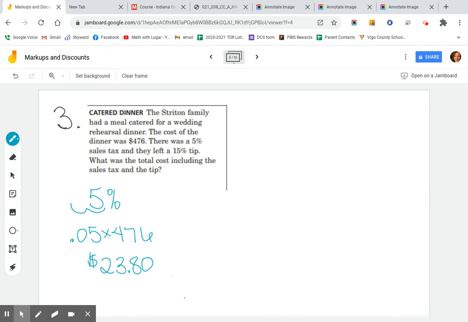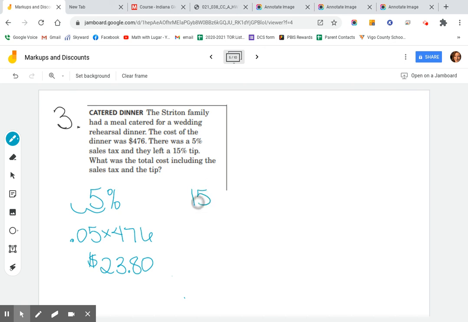Now, I'm not going to do anything with that quite yet. Did you know when you figure a tip, you're supposed to figure your tip on the amount pre-tax, before tax? Your waiter, your server, your barber, your beautician, whoever it is you're tipping, they really have no control over tax that has to be added on. So we're going to base the tip amount on the original price, not including that tax. So I'm going to go back to that 476.